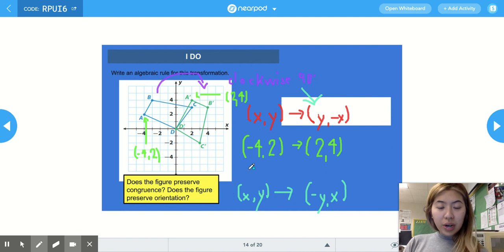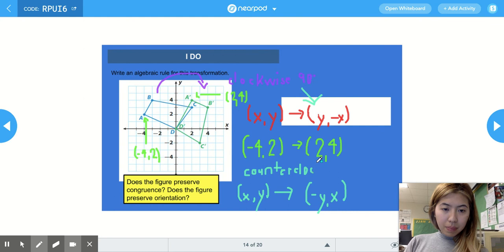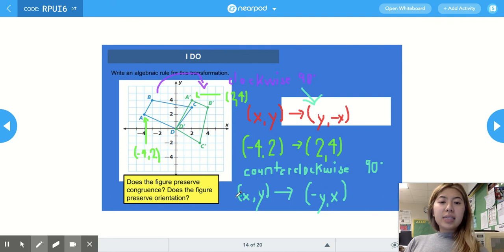But the rule for counterclockwise, rotating it 90 degrees counterclockwise, is x, y to -y, x.